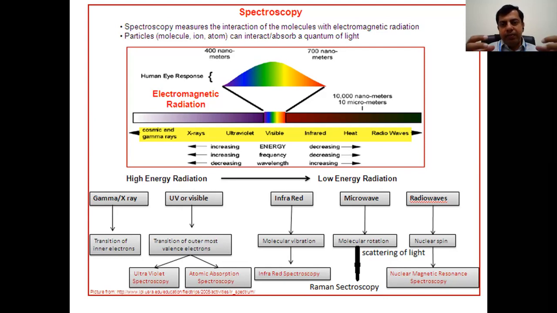This variety is due to the different movements of molecules, atoms, or electrons present in the inner shells or outer shells, or due to the energy difference of the nucleus, the energy difference of the neutron and the proton. So this is all about the spectroscopy techniques.